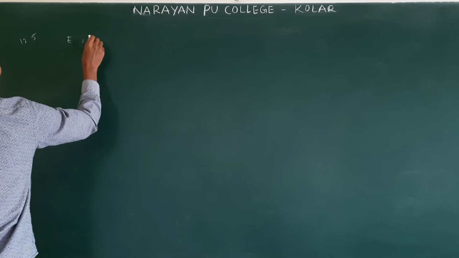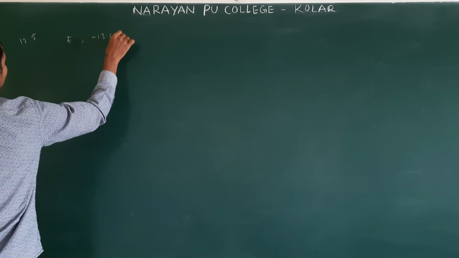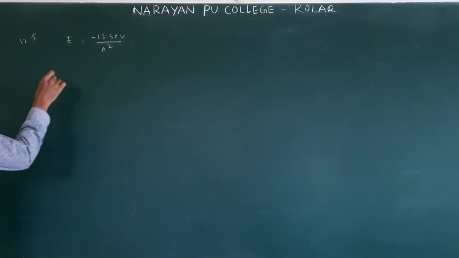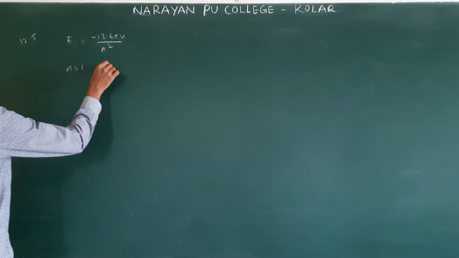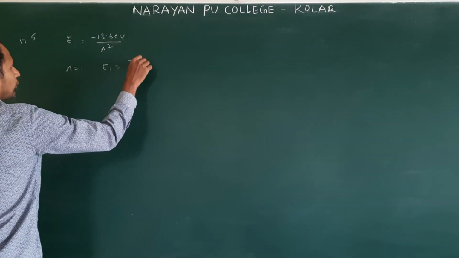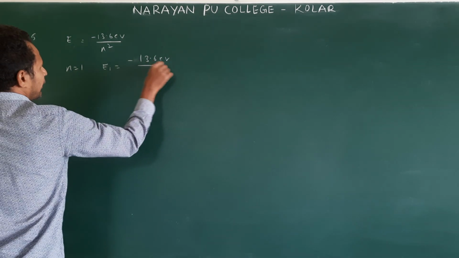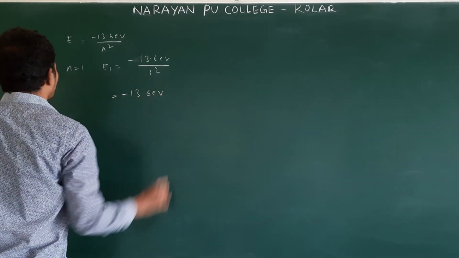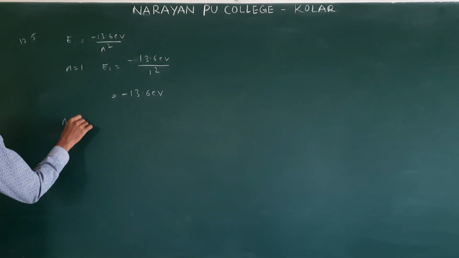The energy equation is minus 13.6 eV by n square. First it is in the ground state, means n is equal to 1. Then E1 is equal to minus 13.6 eV by 1 square, this is minus 13.6 eV. Then it jumps to n is equal to 4.